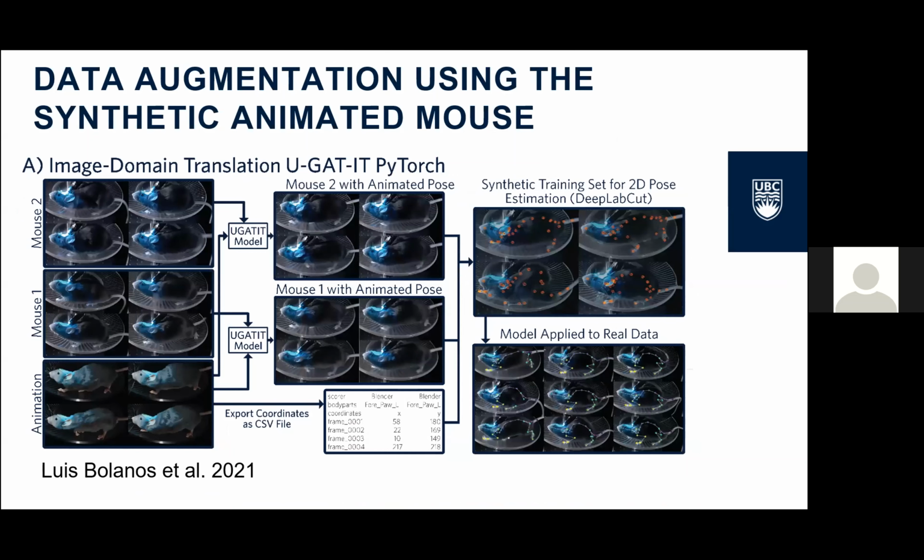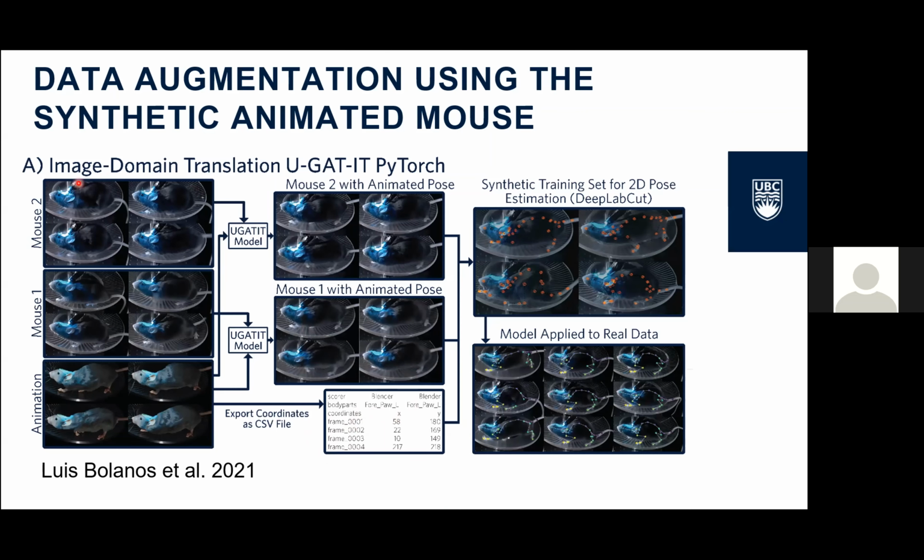So this figure illustrates the step-by-step procedure for data augmentation using the synthetic animated mouse. Firstly, we generate lots of automatically labeled images by simulation, and because it's simulation, the labels can be exported as a CSV file, which has exactly the same format as manually labeled frames in DeepLabCut. In this situation, the labels refer to the coordinates of each body part.